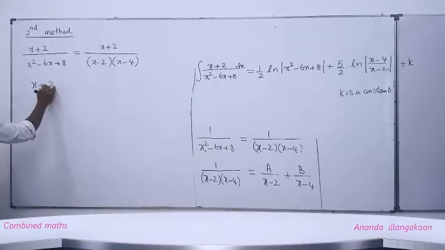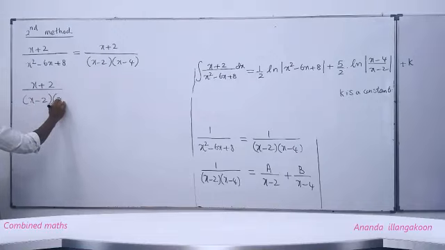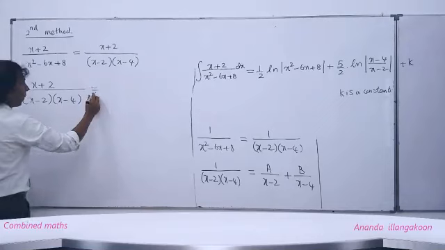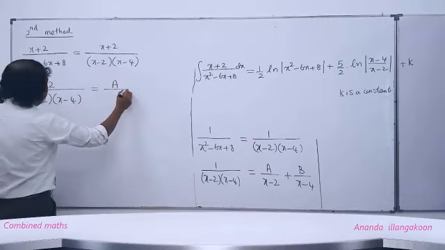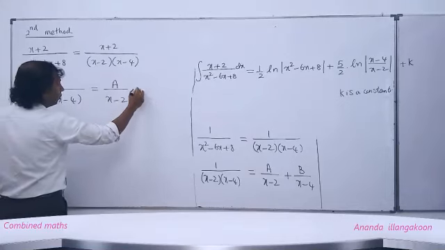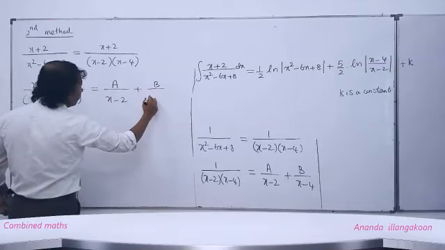x plus 2 divided by x minus 2, x minus 4. In this one you can write as A divided by x minus 2, B divided by x minus 4.